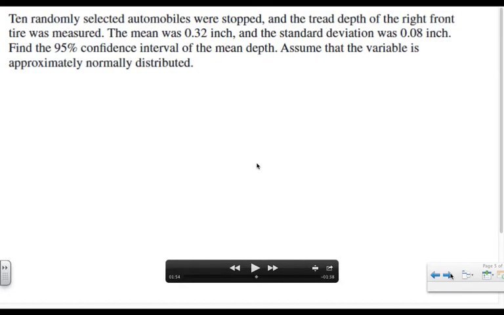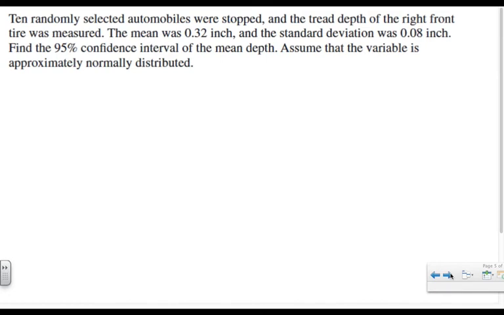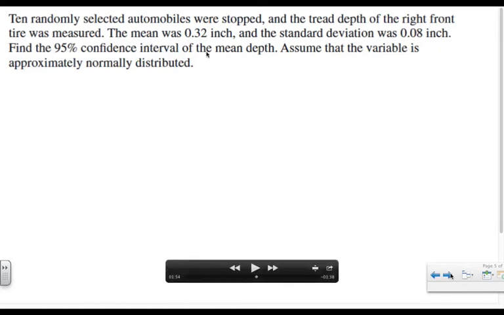So here is a practice problem, and I realized that I put the practice problem up here and didn't tell you how to find the score. So you want to go look at the t-score on the answer before you actually do this. So the mean is 0.32, standard deviation is 0.08. Find the 95% confidence interval of the mean depth. Go ahead and look up the t-score and then try the problem.